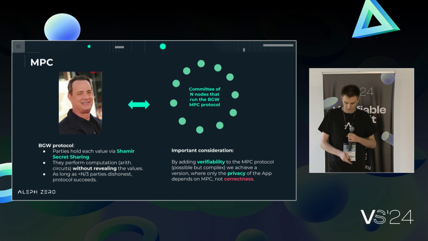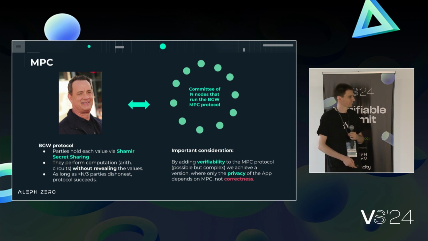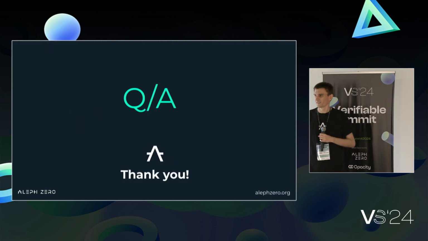If you put on top some verifiability or auditability of the protocol, then you can even get the last property that we wanted. So this would be a perfect thing to have, this MPC running along the shielded model. And that's it. Thank you.